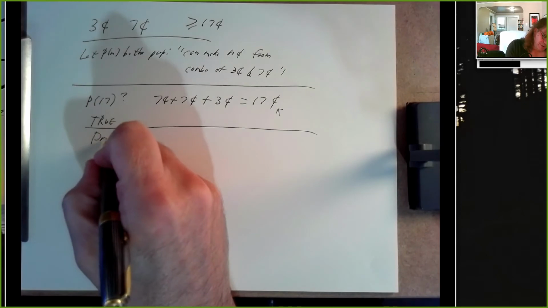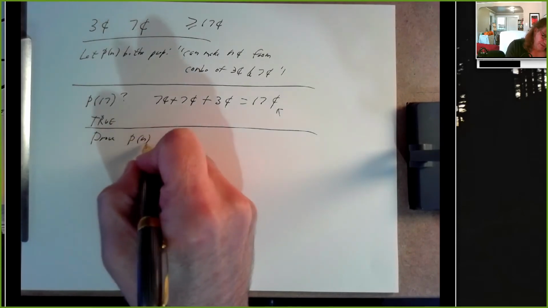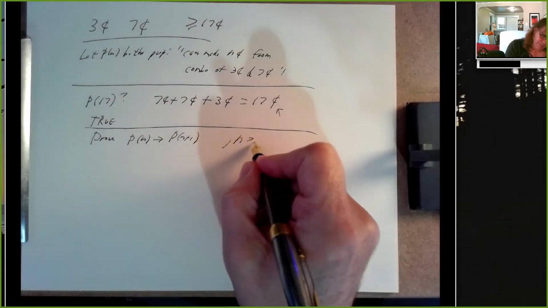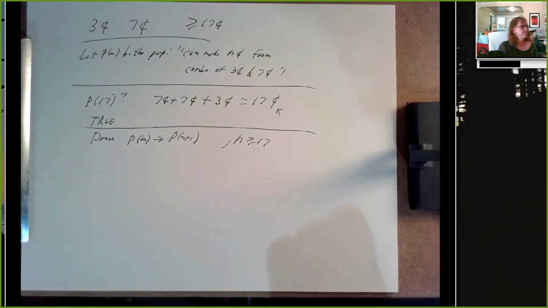Okay, so to use induction, we have to prove P of n implies P of n plus 1 for any n bigger than or equal to 17. All right. Well, what was the trick we used on Monday? We took away stamps and replaced stamps and did things like that depending on the situation.